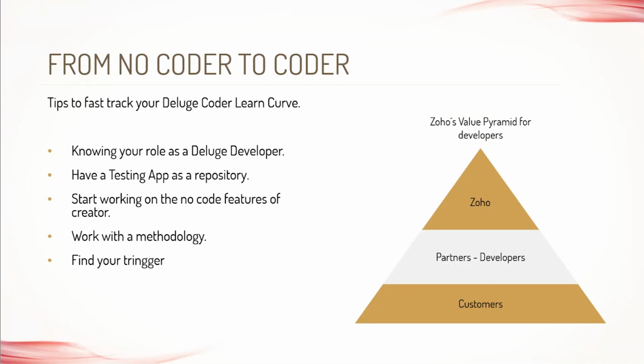So if we understand that Zoho's business model is through us, we can know that there's an asset for us there. This makes it very valuable to learn Deluge, because nobody else is going to do it. At least Mr. Sridhar Vembu, the CEO, said that while he is alive and CEO, they're not going to go public. That means that we are the investors. We invest our time, our effort, our contacts.